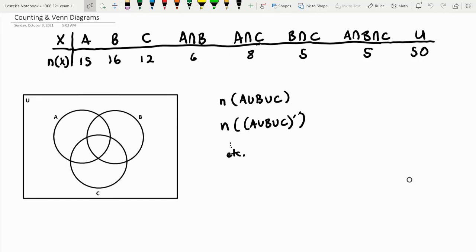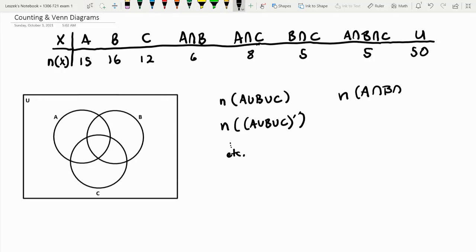Okay. And so if you want to start counting, if you want to fill in this Venn diagram with the number of elements, right? So it's no longer the elements in the set, but how many we have that I'm going to be writing down. You would probably start with the triple intersection, right? So the triple intersection says that there are 5 elements.